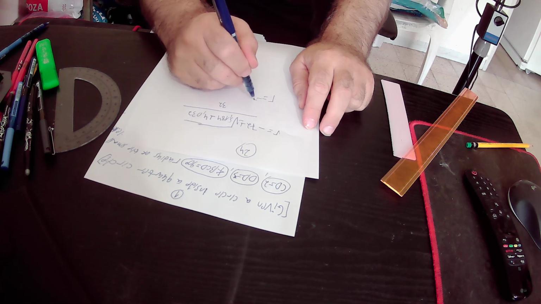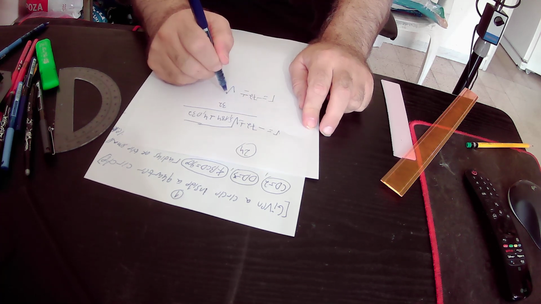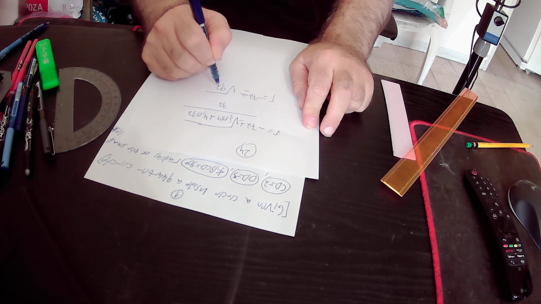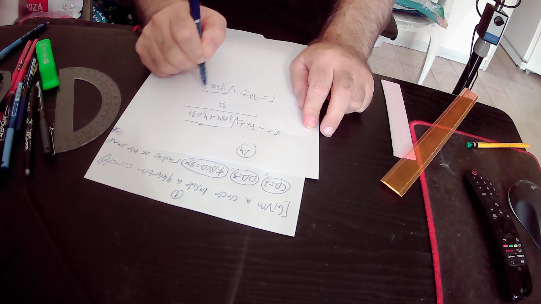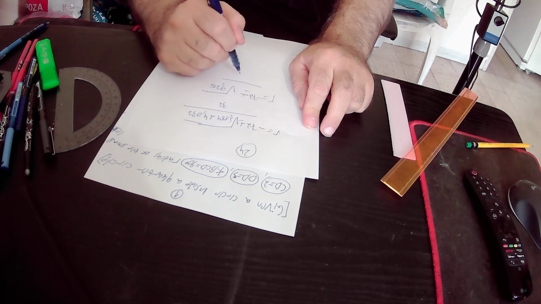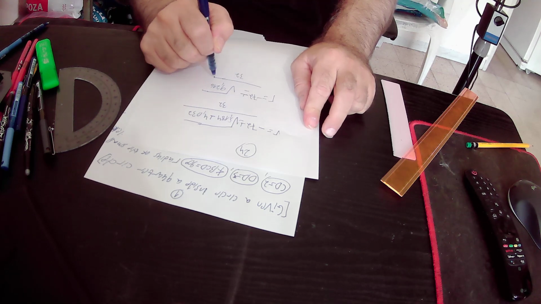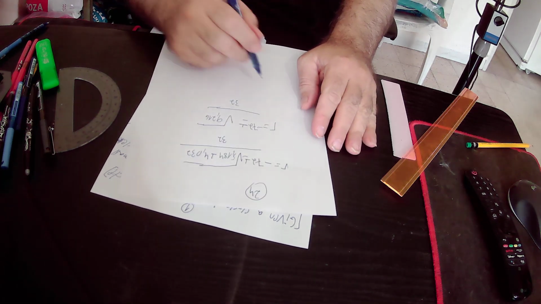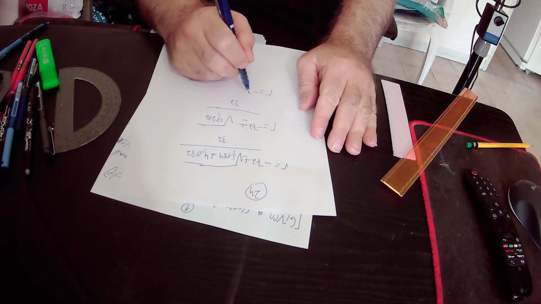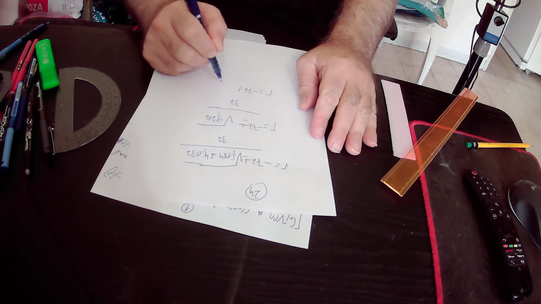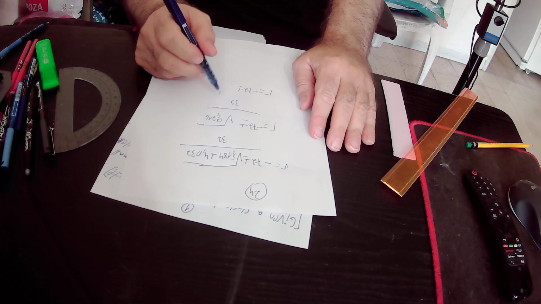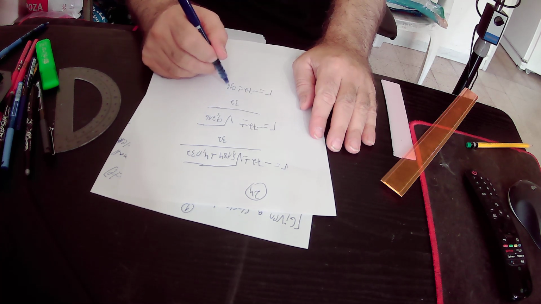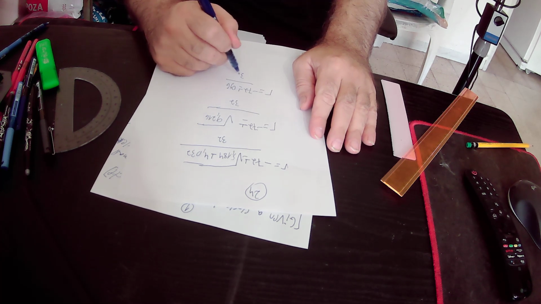R equals minus 72 plus or minus the root of 9,216 over 32. The root of 9,216 is 96, over 32.